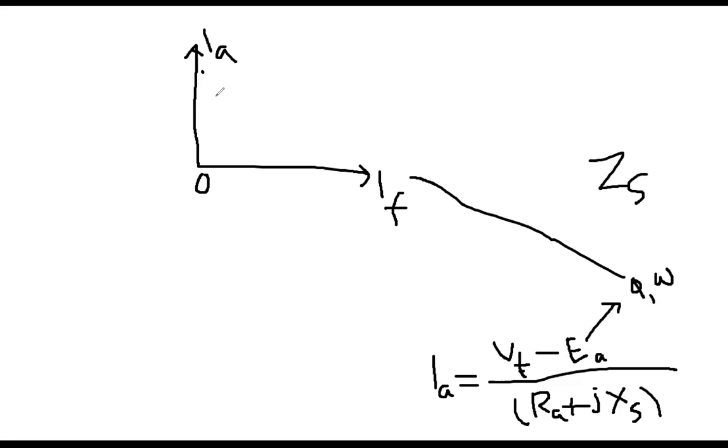In this axis your field current is increasing, meaning EA is increasing, but gradually your IA is decreasing. For example, next time this point, next time this point, and with the increase of the flux, at some point Vt will be equal to EA, meaning that your IA will be 0. That's why at some point it will be 0.